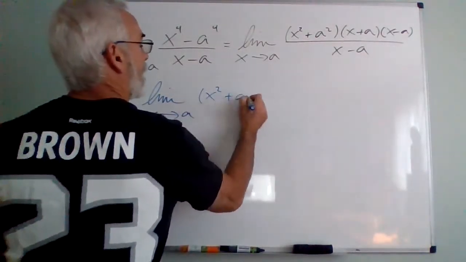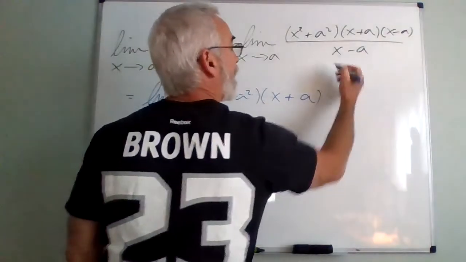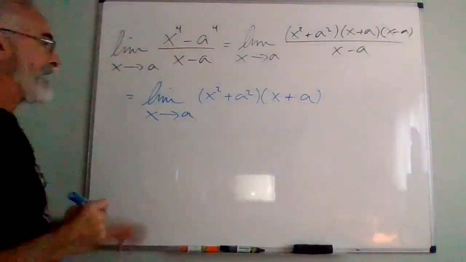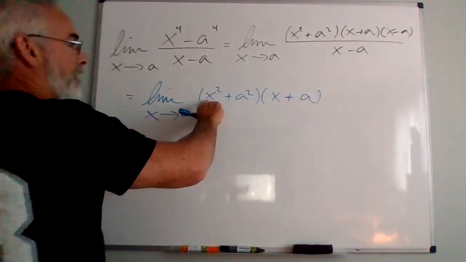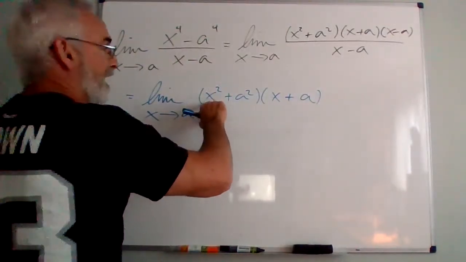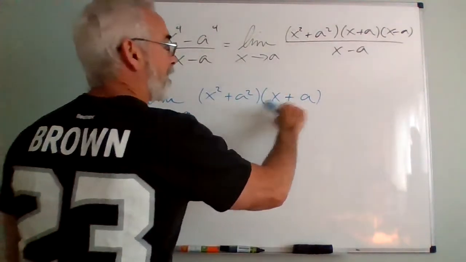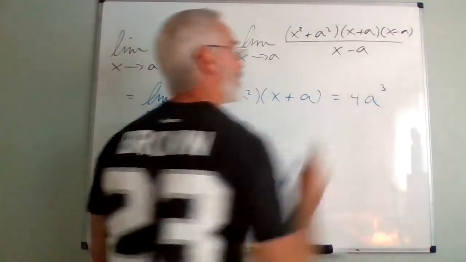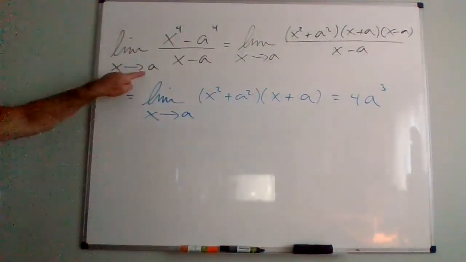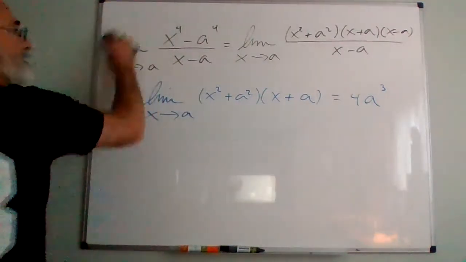So this is x squared plus a squared, x plus a, because I canceled those factors, and this can easily be evaluated. If I allow x to approach a, this is going to approach a squared plus a squared, which is 2a squared, times a plus a, which is 2a, so this gives me 4 times a cubed. And that would be true for any value I used for a. Okay? This one was a little trickier because I didn't give you a specific number.